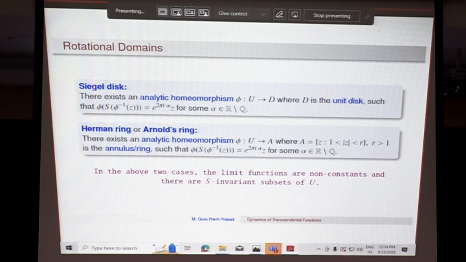And then Siegel disk and Herman rings are basically that for a Fatou component you can have an analytic homeomorphism between the unit disk and that component, then it is called Siegel disk. If you have an analytic homeomorphism between that component and an annular domain, then it is called Herman ring. So, these are sometimes called rotational domains, and here the limit function of the sequence of iterations is non-constant.